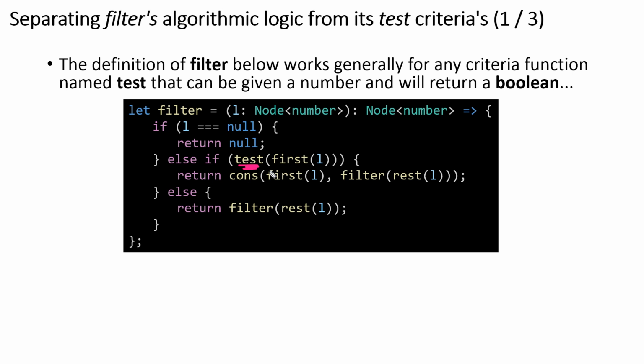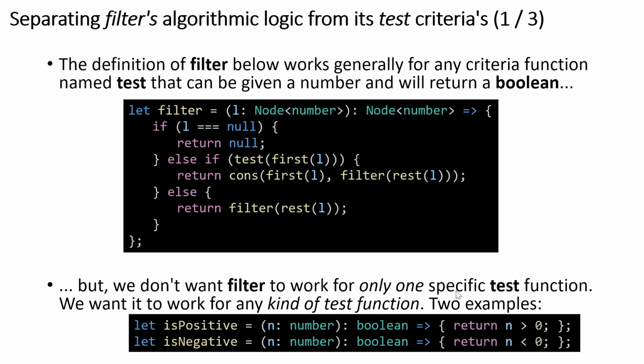Maybe it's testing if the number that it's given as a parameter is positive and it returns true or false otherwise. Maybe it's if it's negative. The key idea here is, as long as this test function can take a number and return a Boolean, we could plug any test function we wanted in there, right? But we don't, as far as we know, have a means for substituting in different test functions at this point.